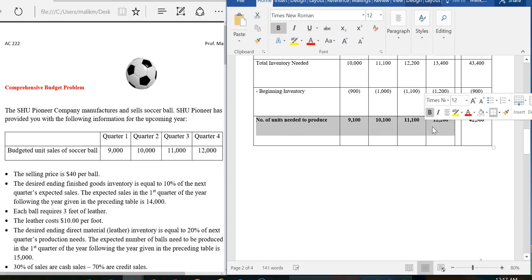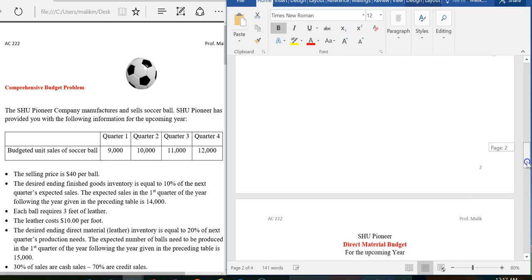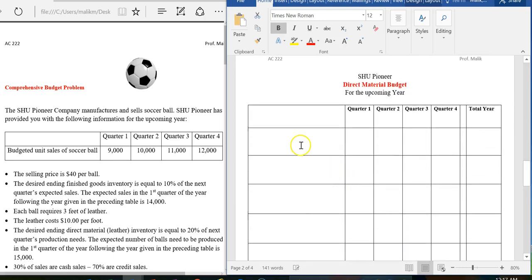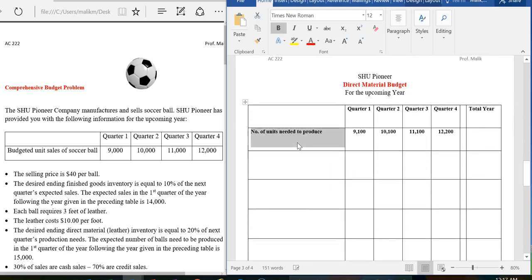So the starting point of your direct material budget will be the ending numbers of your production budget. That means I'm just copying these things. You will start with this number of units that they want to produce.